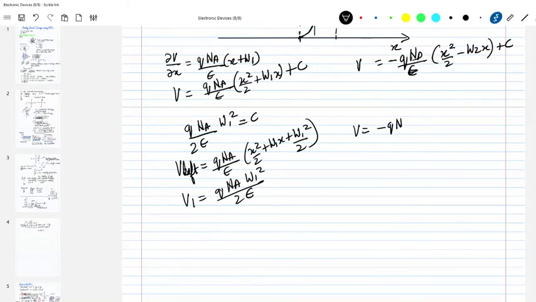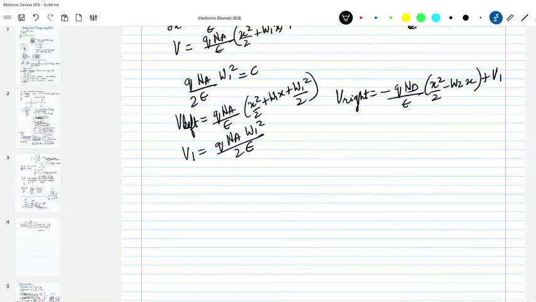So V right side is going to be equal to minus q N_D over epsilon times x square by 2 minus W2 x plus V1, right? And V1 is q N_A W1 square by twice of epsilon.